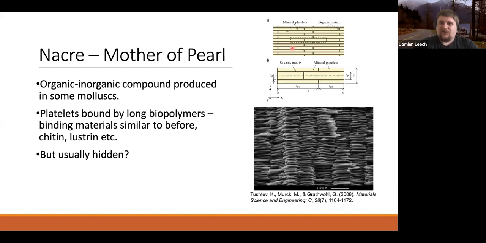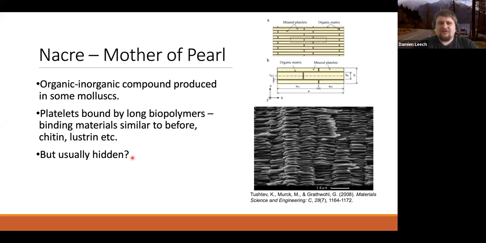It looks a little bit like a stack of used books, and the shape of the plates changes a lot. Sometimes they're really nice, perfect hexagons, sometimes they're rectangles, and it changes between species, but the premise is usually the same: really tough platelets bound within a matrix.